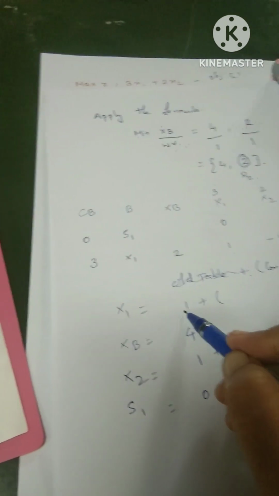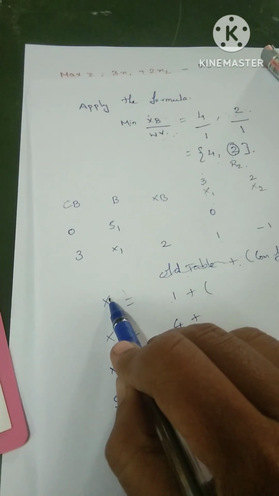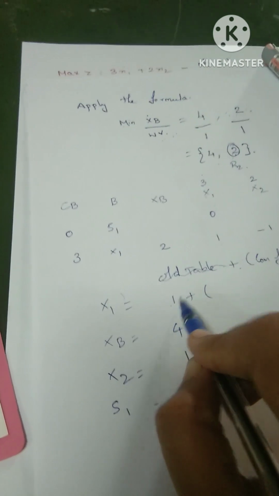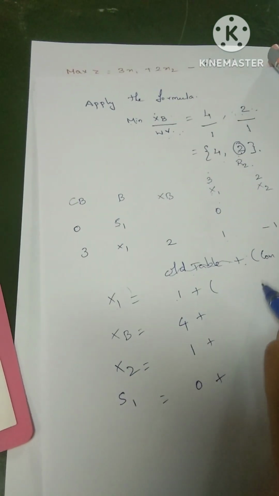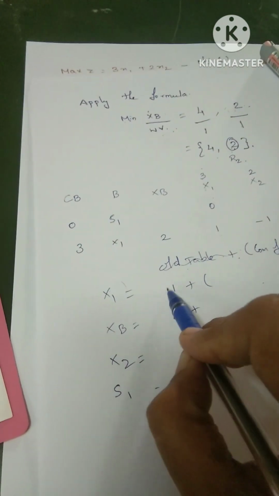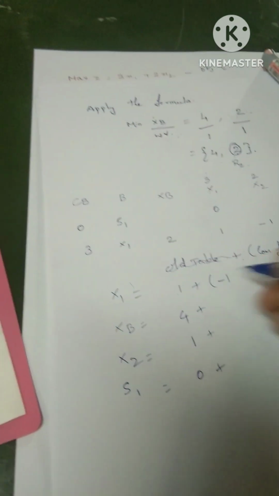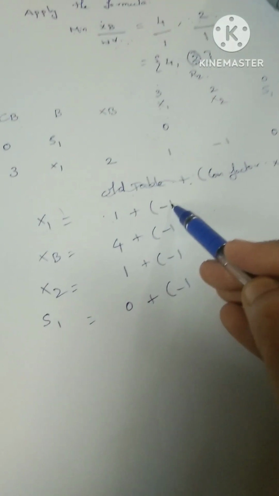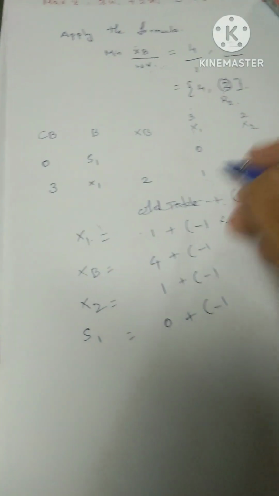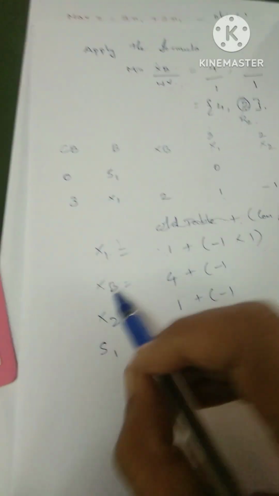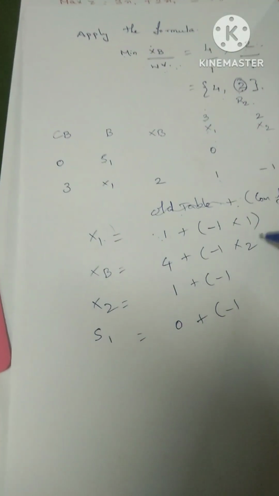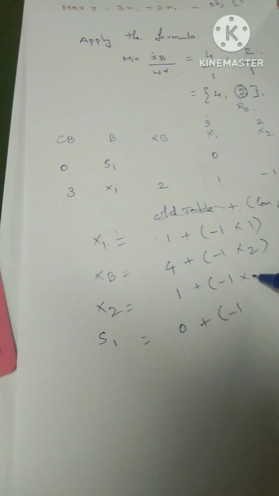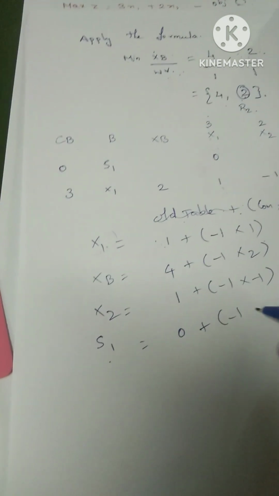And this 1, because here the x1 only we are converting as 0, so that 1 should be considered as a common factor by changing the symbol. So here the positive 1 will be converted as negative 1, which is the common factor. And in the new table, that is table number 2, we have x1 as 1, and xb is 2, x2 is -1, and s1 is 0.